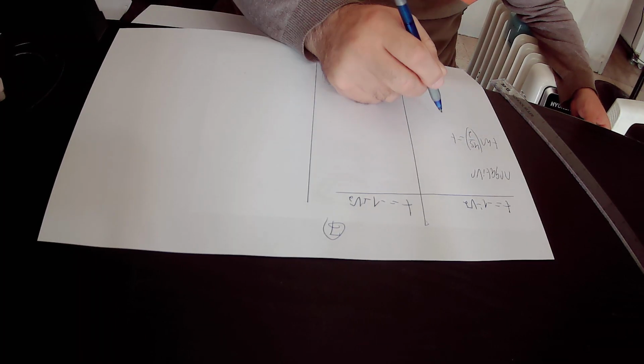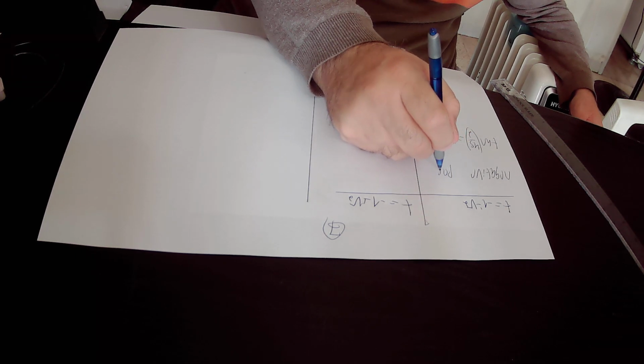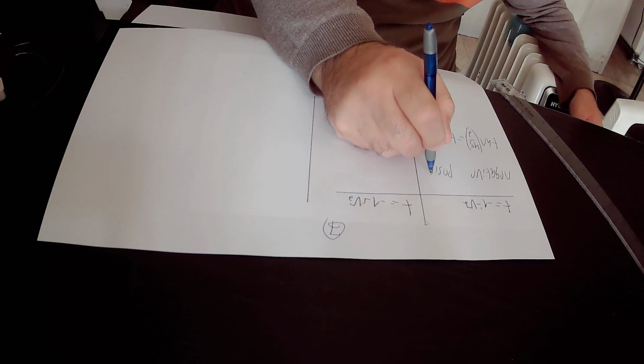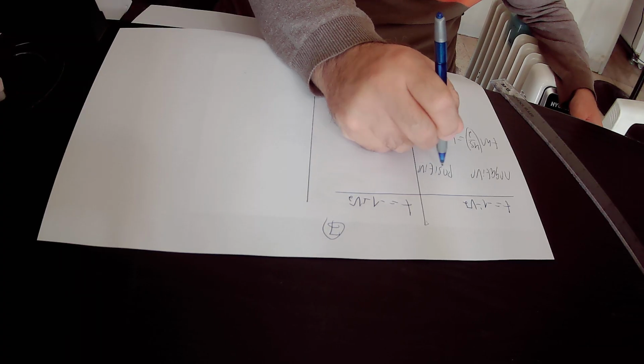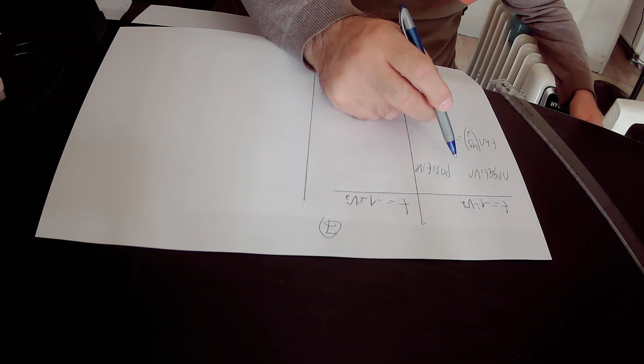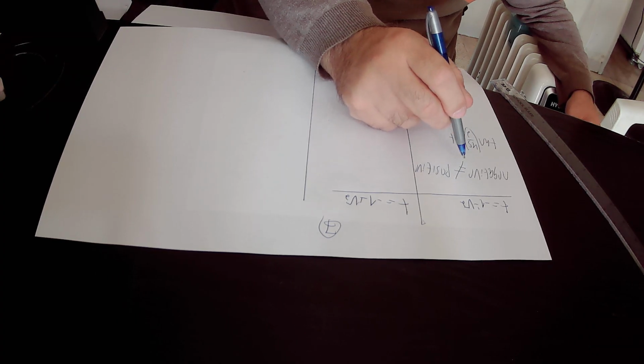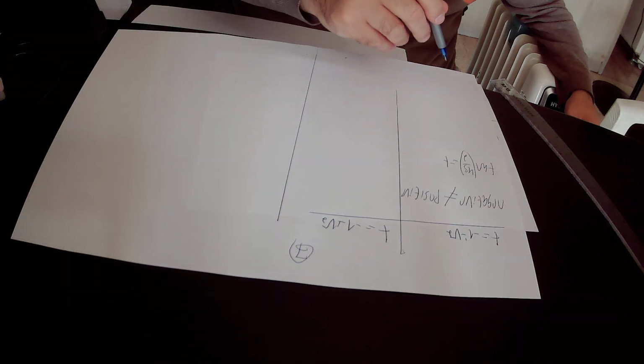But tangent 45 over 2 degrees is a positive number, so t is a positive number. So t cannot be simultaneously a positive number and a negative number. Therefore, this solution is not the correct solution.